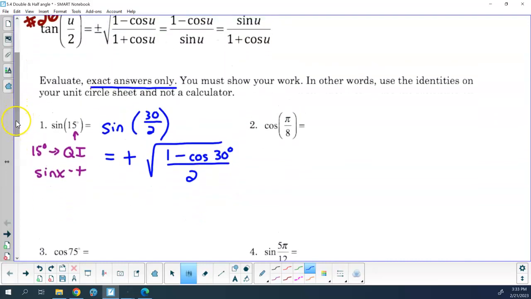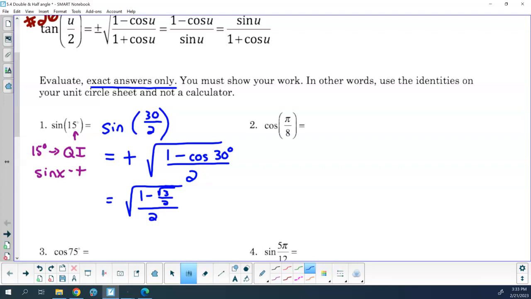There we go. So now what we're looking at is, well, the cosine of 30 degrees is square root 3 over 2. And that's still over 2, still inside. All still good.